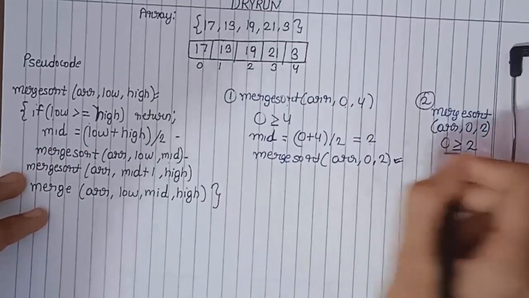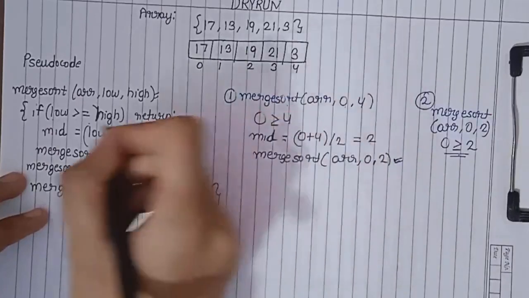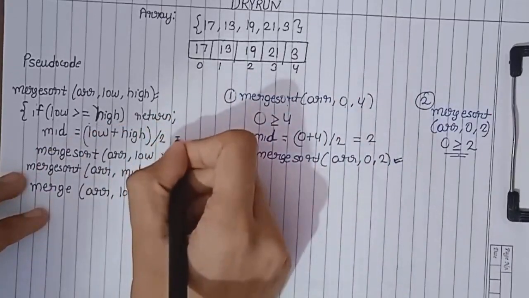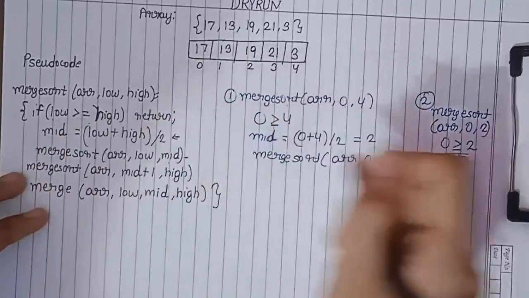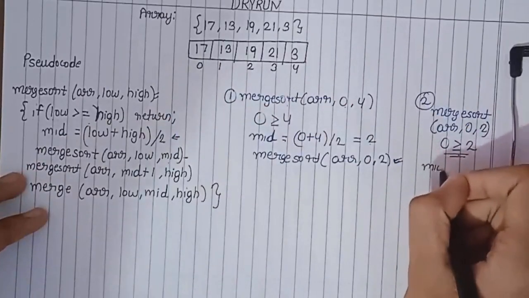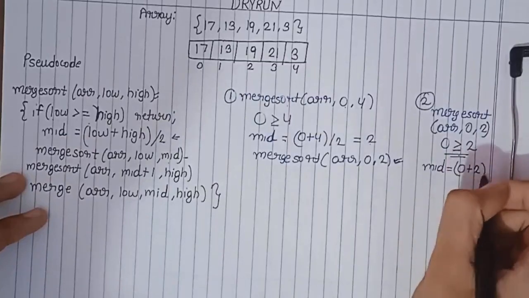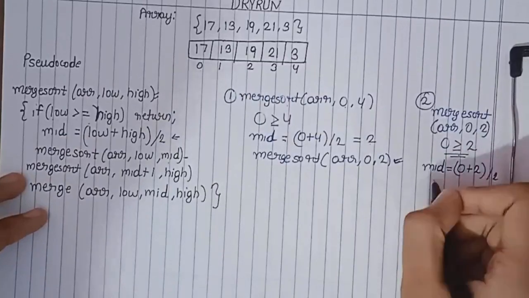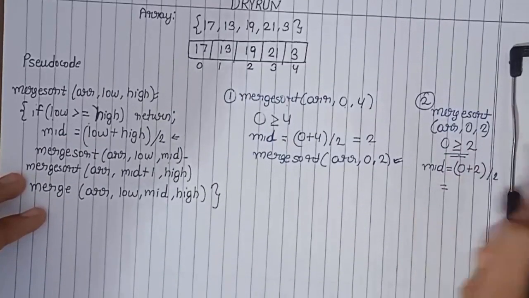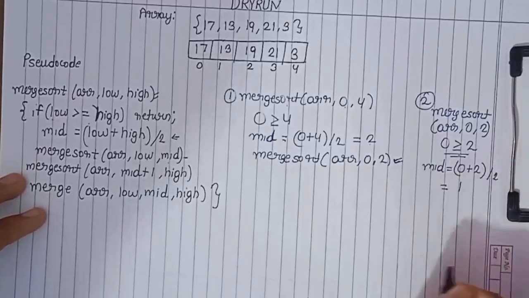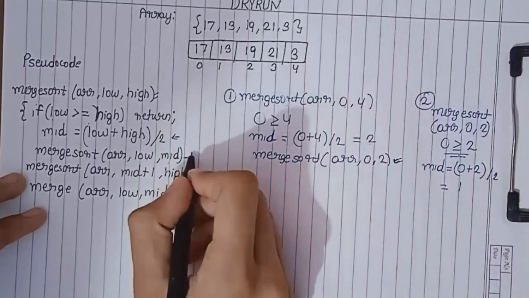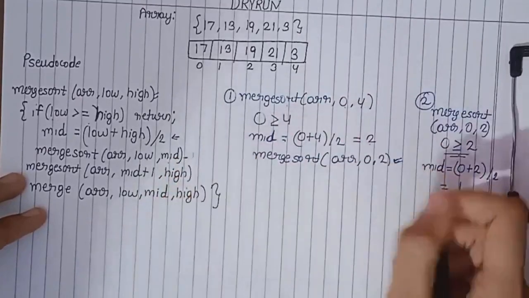Since this is false, this function will not return, and again the control will come onto this line, and here mid will be calculated. Now at this stage mid is 0 plus 2 upon 2, and you can note that the mid here comes out to be 1.